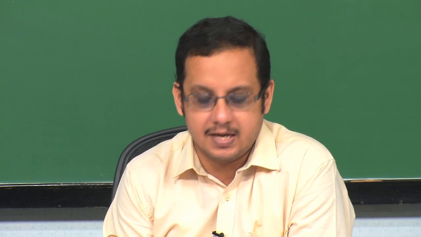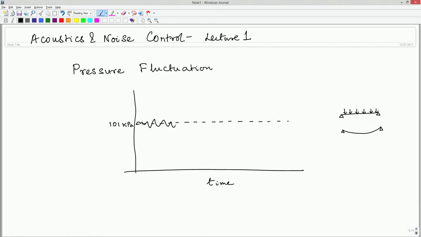But if instead of a standard or static atmospheric pressure, we have a fluctuating pressure, something like this. We do not quite declare what the type of fluctuations are, but all that we say is that over and above this mean level, there are some fluctuating or oscillatory components acting.